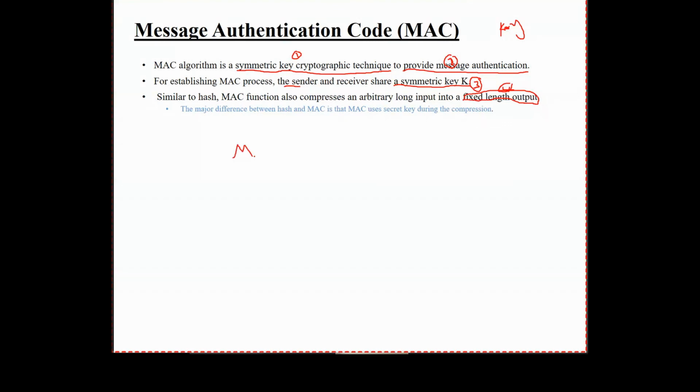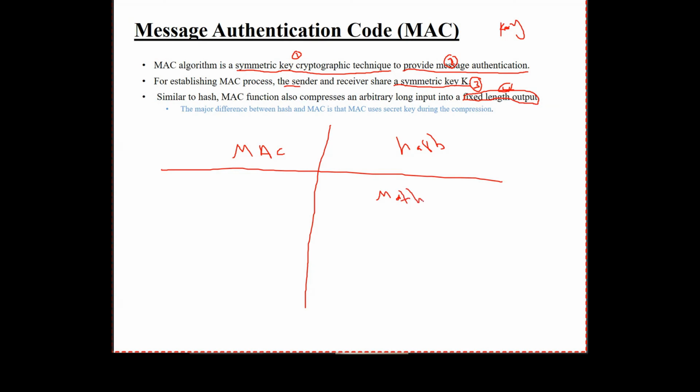All right, so let's see the difference between them. This is MAC and this is hash. This is a mathematical function, and this is a symmetric algorithm. The other difference is that this one needs a key, and this one has no key.